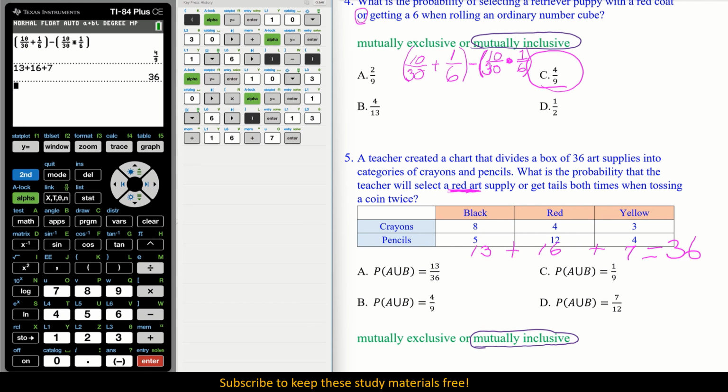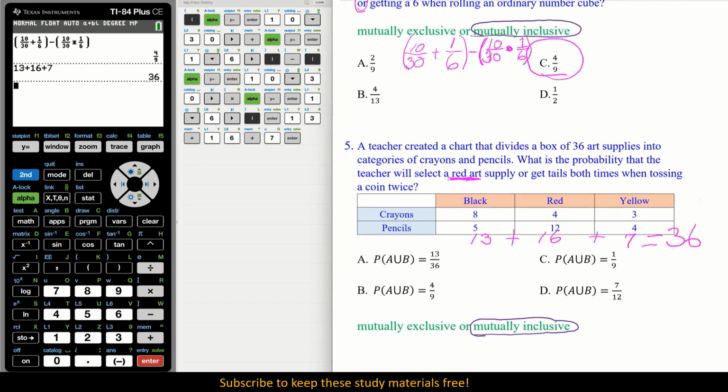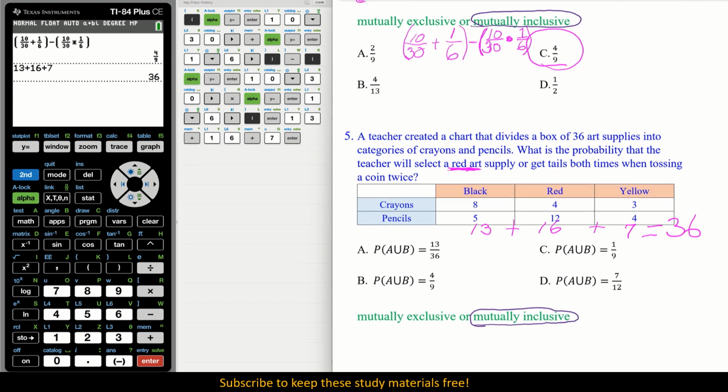Yes, 36 is correct. All right, so now I have my total, but it says red, and red is 16. So here, let's scoot up and find a little place to write. Okay, so that tells me that, and I'm going to put this in brackets and you'll see why, that I have 16 out of 36.